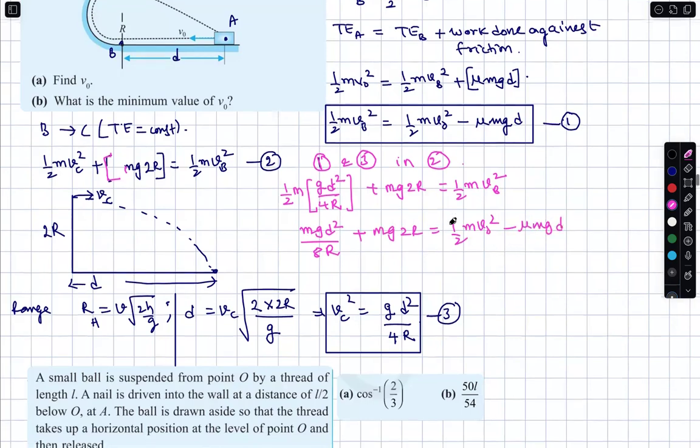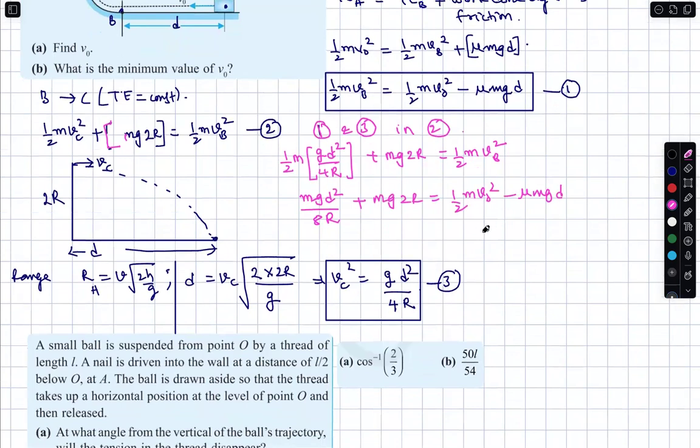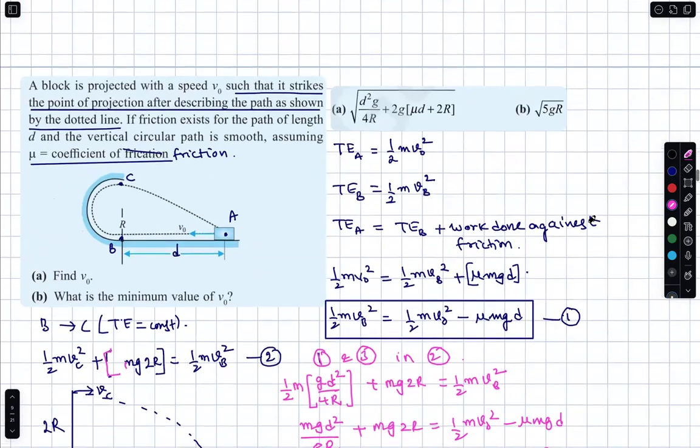So from this you got v naught. Just arrange this properly. Half m v naught square is simply mg d square by 8r, and here mg is common, 2r plus mu d. Rest everything is the same.